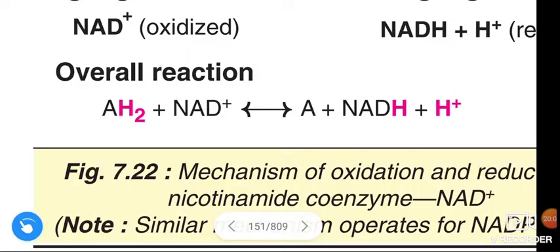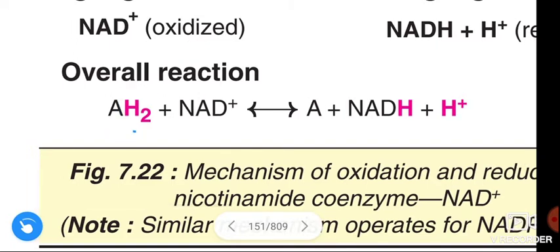See this reaction, guys. This is the substrate, and this is NAD+, which is one of the coenzymes of niacin. In the substrate, H2 is present, and this H2 converts to H plus and H minus, that means hydride ion and hydrogen ion.